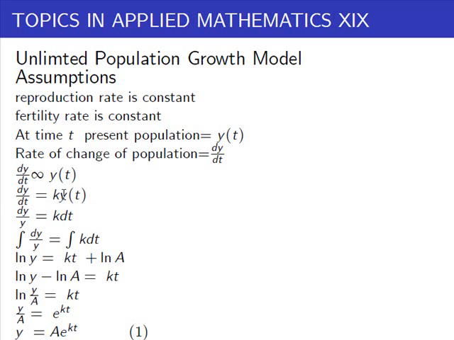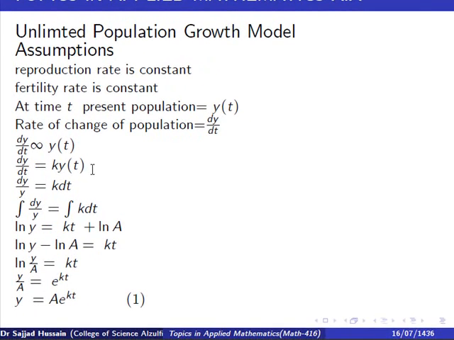Now this is a simple first order ordinary differential equation, and we solve it by the method of separation of variables. We divide this equation by y. Dy over y is equal to k dt. Now we integrate this simple equation. The integral of dy over y is equal to the integral of k dt.